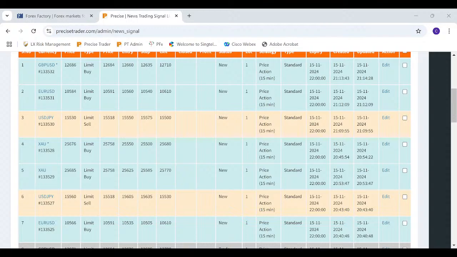Okay, euro is showing strength. Pound looks a bit weaker, and dollar yen looks quite strong. And let's see dollar Swiss.